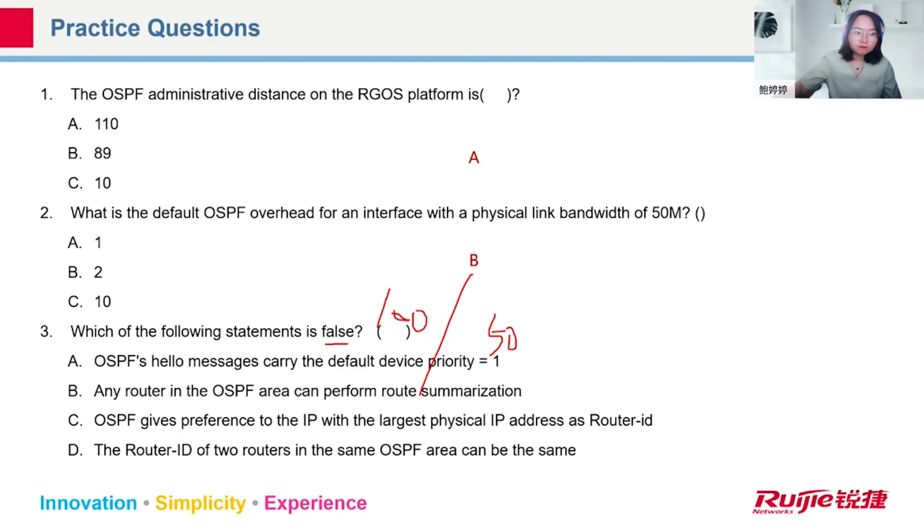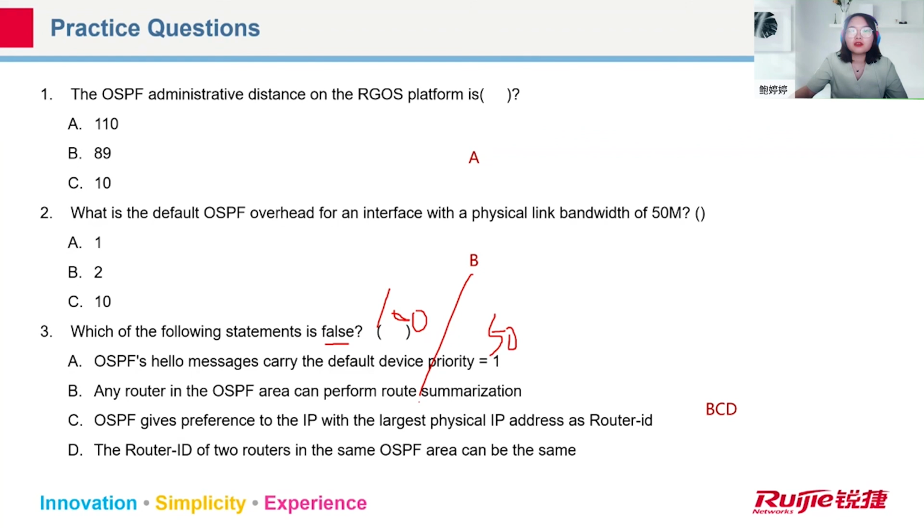This answer should be... Oh, sorry. B, C, and D, right? This is a multi-choice. The first one: the device priority is the priority of DR and BDR. The default value is 1.